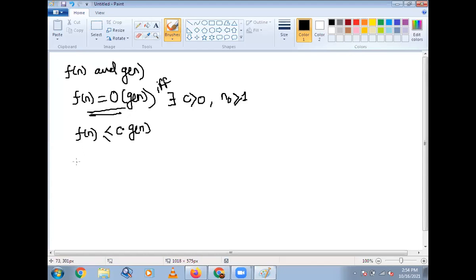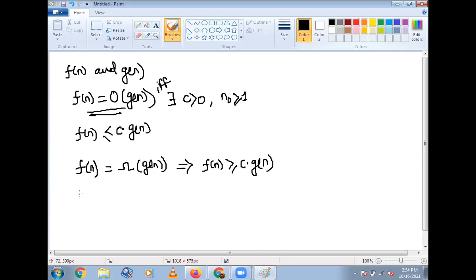Then we have seen that these two functions f of n and g of n can be written in omega form as f of n is equal to omega of g of n if and only if there are two constants, where c is always a positive constant and n0 is greater than or equal to 1, and f of n is always greater than or equal to c into g of n. It is also known as lower bound.